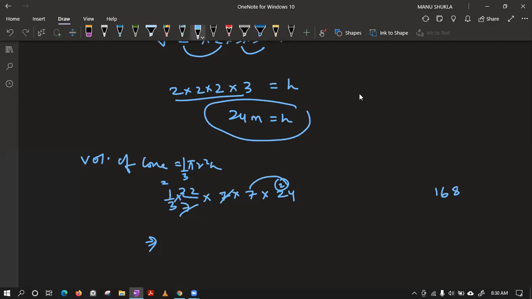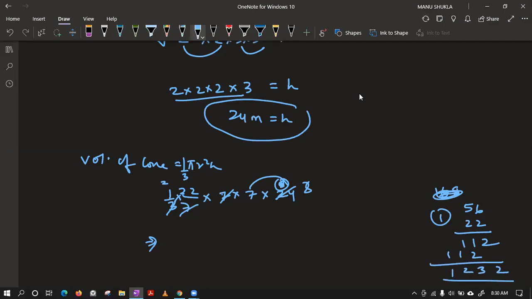That will make it further easy because 3 can cancel this. 3 8s are 24. Now it is easy. 7 8s are 56 multiplied with 22, 1232. So we have got the volume as 1232 meter cube.